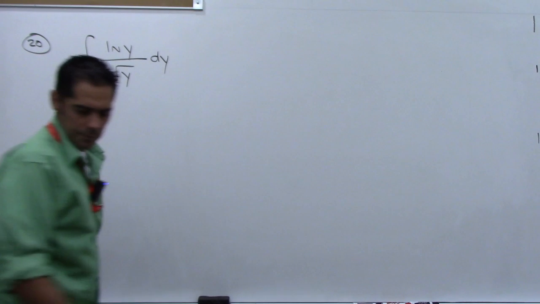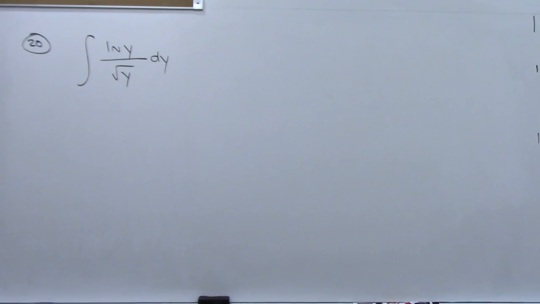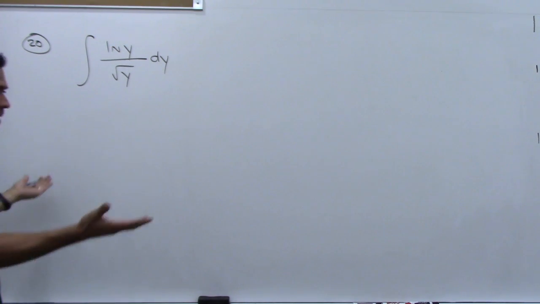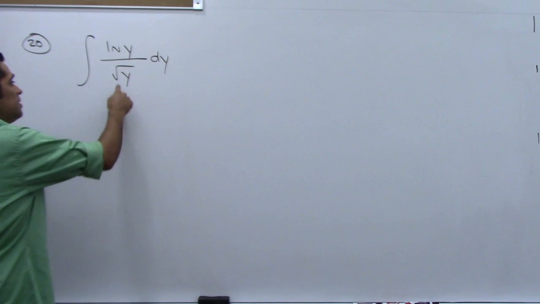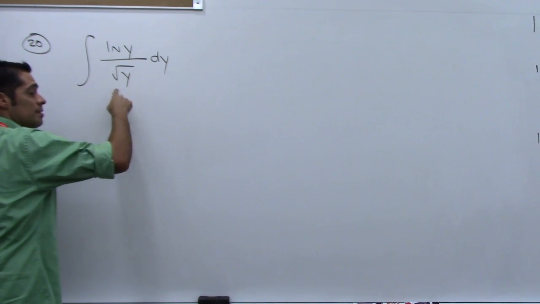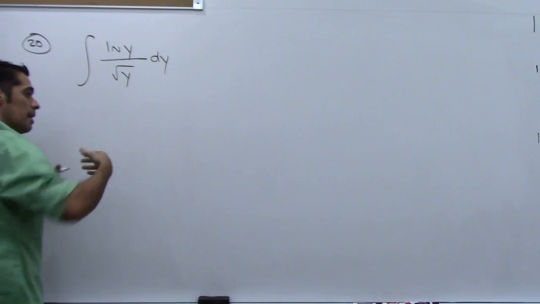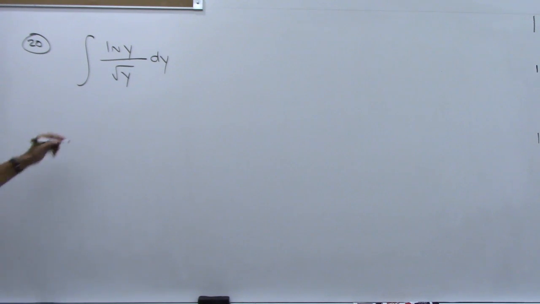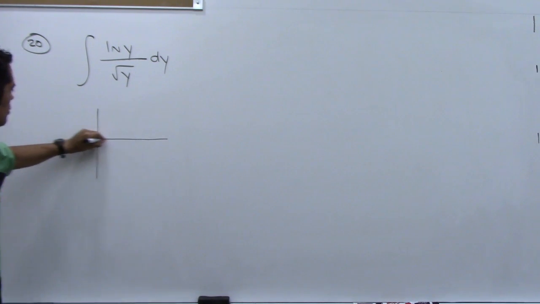All right. Well, I know that if I take u to be the natural log of y, the derivative is 1 over y, which is a power of y. And I know that this is a power of y, so if I integrate this, I'll have another power of y. And so when I put them together, I should have some power of y. So let me try this.